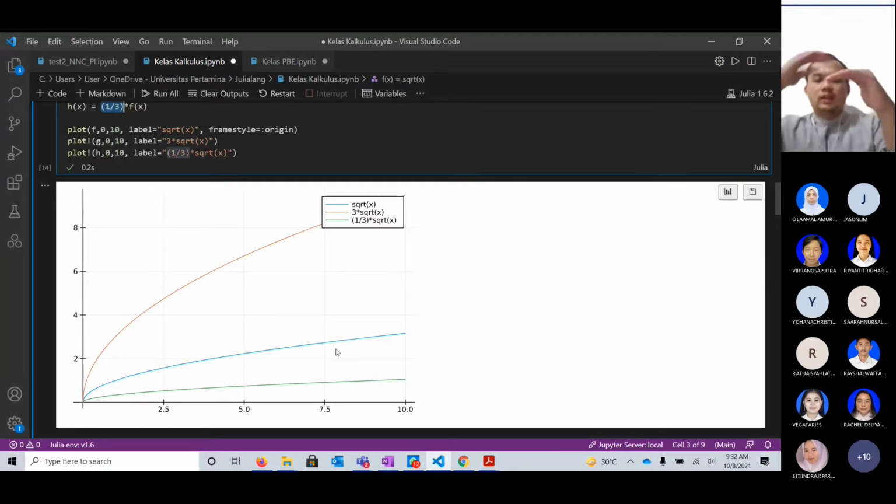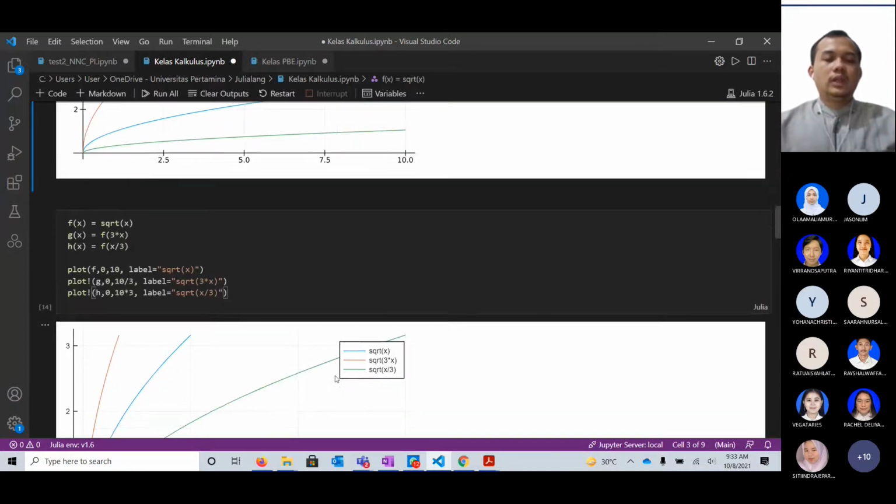So the red one, we multiply the square root of x by a constant greater than 1, meaning that we stretch the graph vertically. So it is going up. And if we multiply by 1/3, then we compress the graph so it looks like the green one.